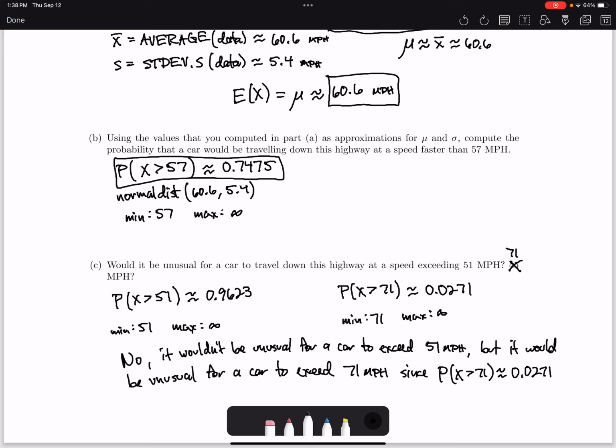So it's a little less than a 3% chance of happening, which is less than a 5% chance. And so we would consider it unusual. Okay, and so that's that.